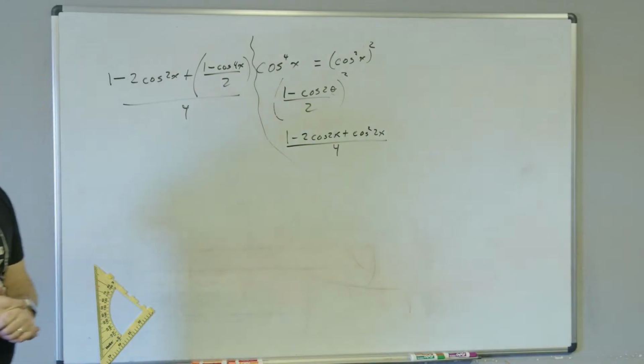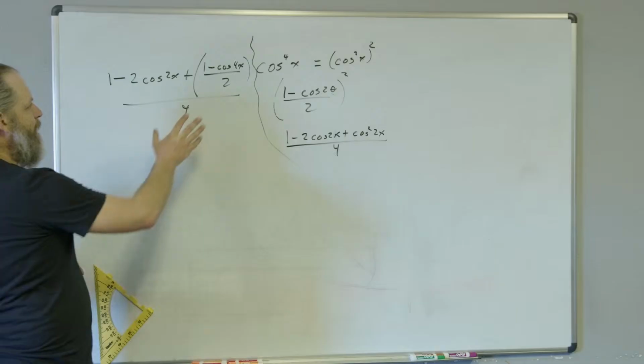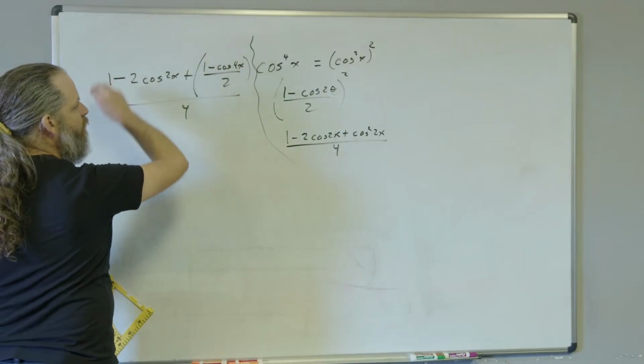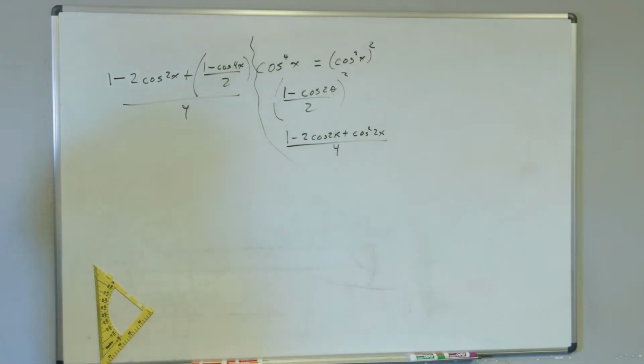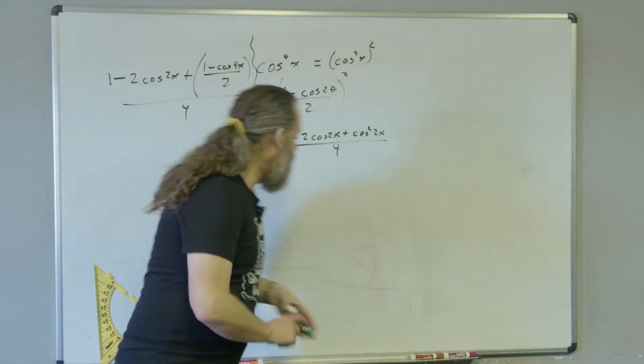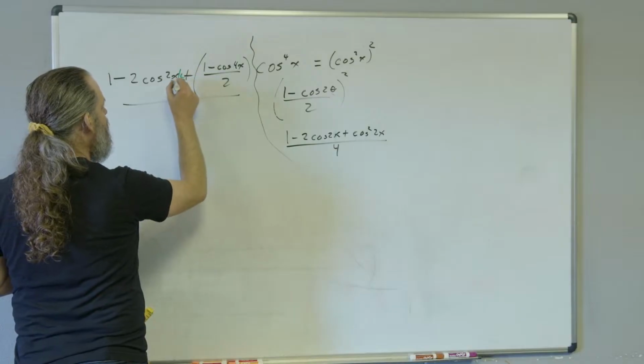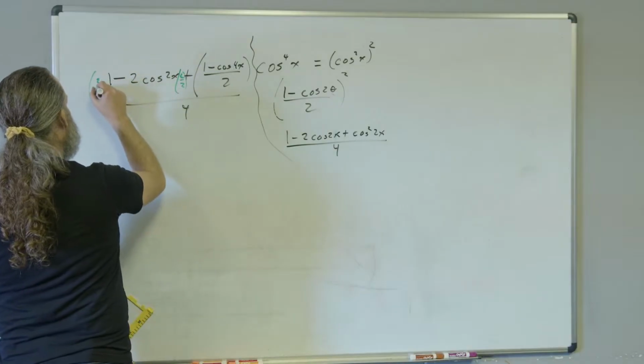Split it up into 2 fractions to get rid of the 2. Well, I wouldn't get rid of the 2, but instead I'm going to combine all of this into 1 fraction. So let's get this times 2 over 2, and this times 2 over 2.